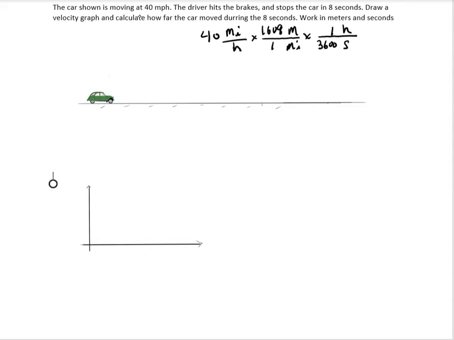By the way, if you wanted to convert to minutes first and then minutes to seconds, that's just fine. Or we can use this hour-to-seconds conversion factor to directly convert the hours to seconds. Notice when we look at this dimensionally, the miles cancel, the hours cancel, and we're left with meters on top, seconds on the bottom. If we multiply this out, we get about 17 meters per second.